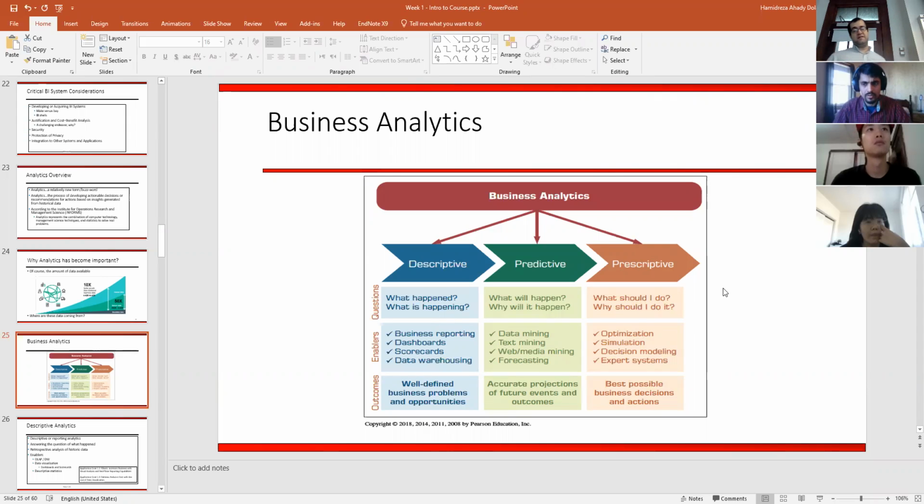But anyway, again, it depends on your domain. In predictive analytics, you either predict the actual outcome, or you find the important factors to that outcome. Depends on the domain, you change your goal. In prescriptive, which is the last type of analytics, you want to see what should I do, or why should I do this? For example, if I want to decrease the transportation cost, what should I do in terms of scheduling?